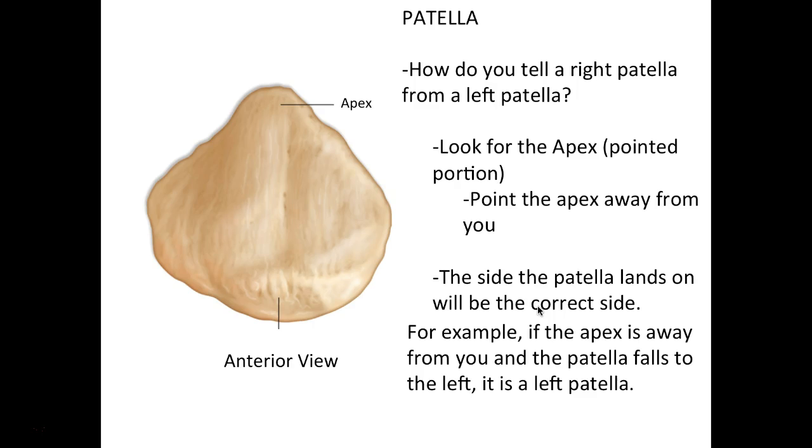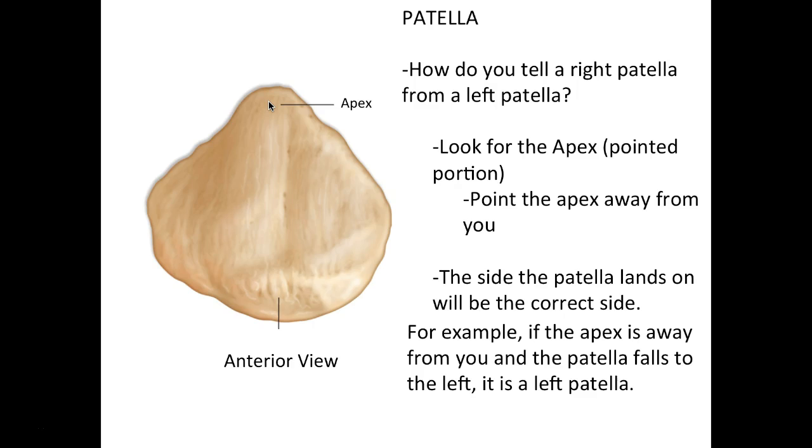And how do you tell a right patella from a left patella? Well, what you're going to do is if you have one in lab, you look for the apex, which is going to be the pointed portion of the patella. You point that away from you, and this patella isn't completely flat on the back side that you don't see here. It's going to tip down toward the side that is either right or left.